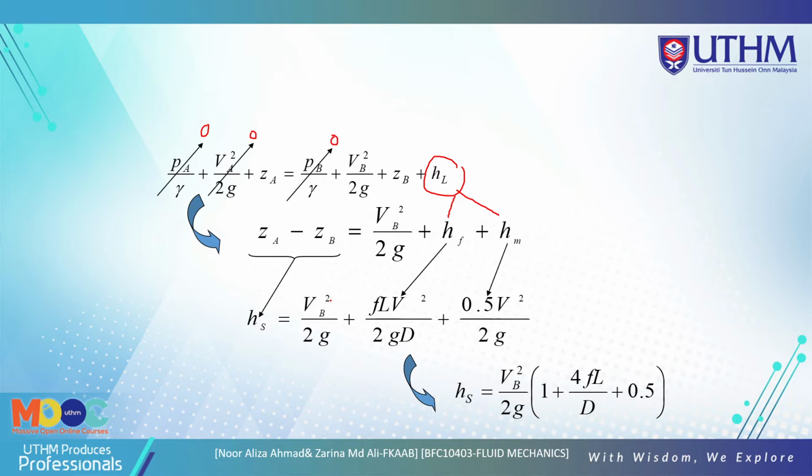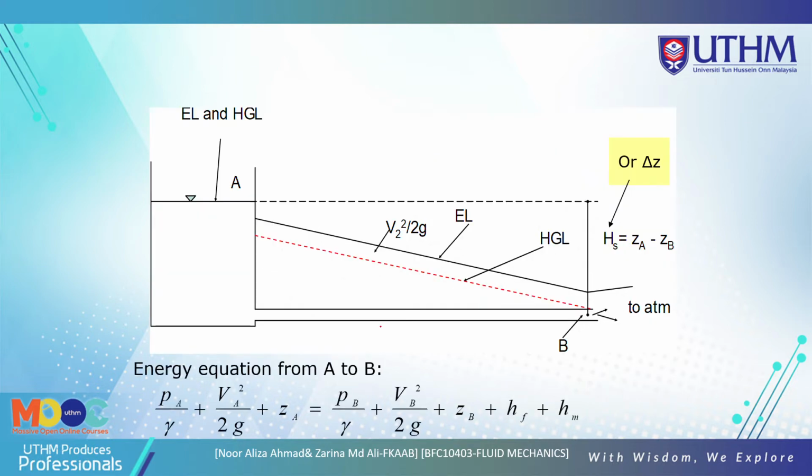So we have VB squared over 2G plus the HF, which is FLV squared over 2GD, and HM is 0.5 V squared over 2G. Why do we use 0.5? Because at this square edge, the K entrance based on the square edge is 0.5.